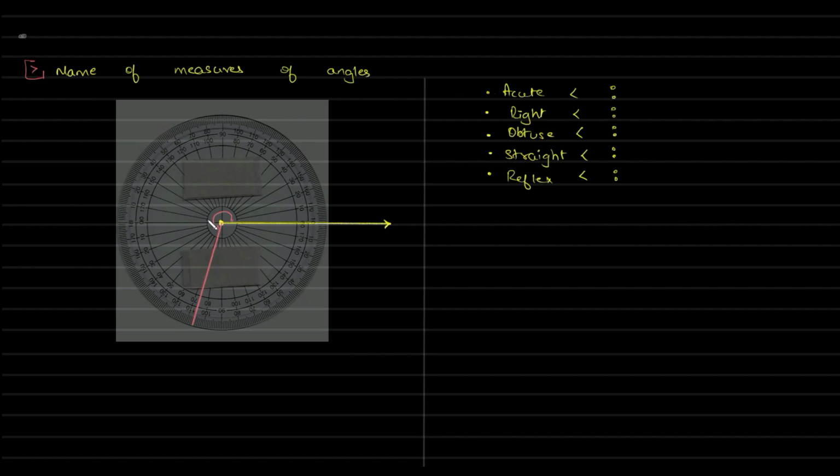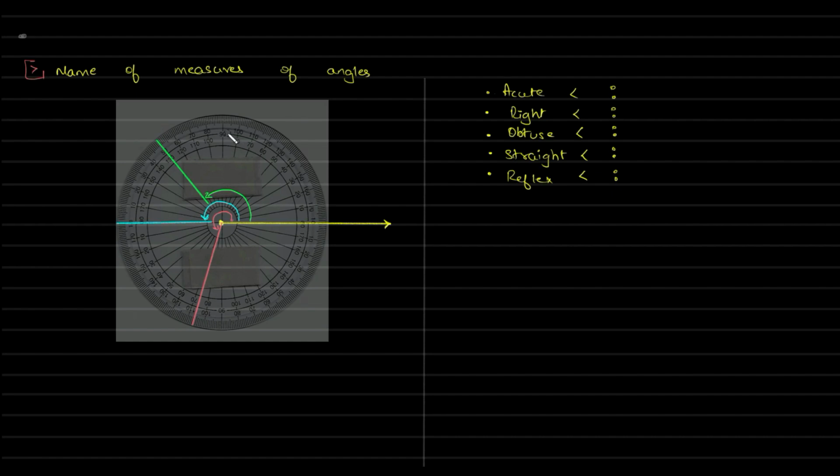If the angle happened to be till here, that is till 180, this is known as a straight angle. Then if the angle happens to be between 90 and 180, this is known as an obtuse angle.